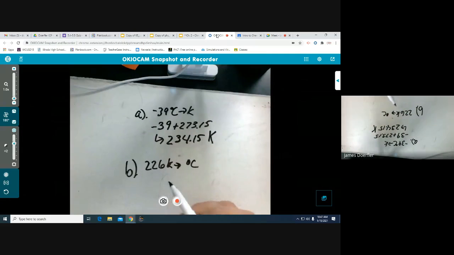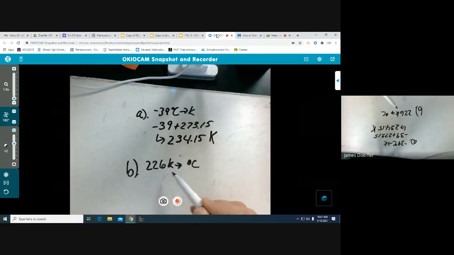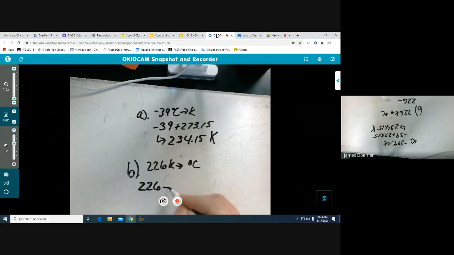Last one here, then we're going to call it a day. 266 Kelvin to Celsius. What do I have to do here? Subtract 273.15, and we get what? I think it's 7.15.